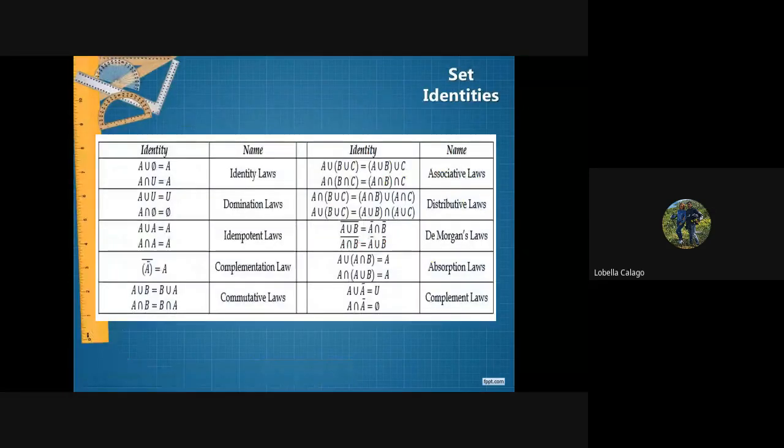Okay, so these are also the identities, set identities. So, hindi na natin i-explain lahat yan kasi parang additional knowledge lang po yan. Pag i-explain po natin yan, deeper na po yan sa sets. Sa ibang mga courses, sets is one course po.